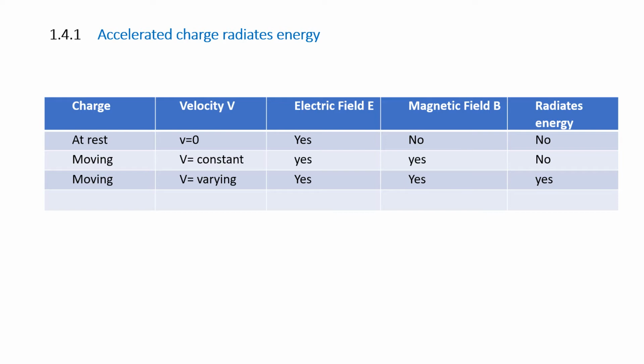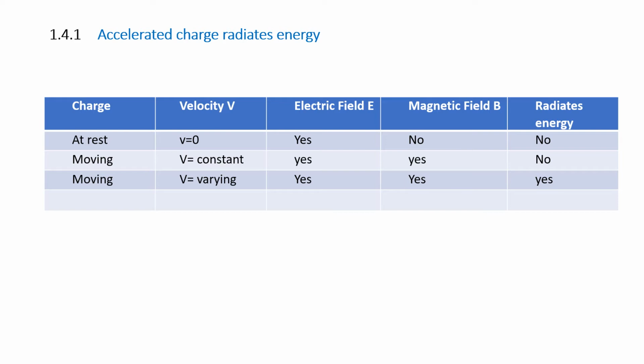When a charge is moving with a constant velocity, that is V is equal to constant, then there is an electric field as well as magnetic field, but there is no radiation. This property of moving charges with constant velocity we will study in chapters connected with electric field and magnetic field.